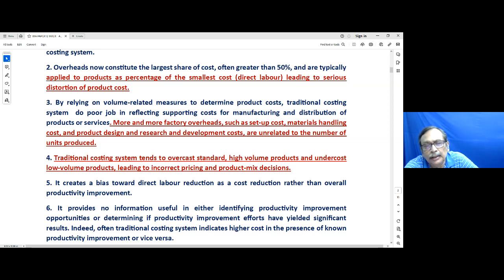These are all supporting costs. If we are not going to consider these factory overheads, namely setup cost, materials handling cost, product design and research and development cost, then automatically there will be a fallacy.